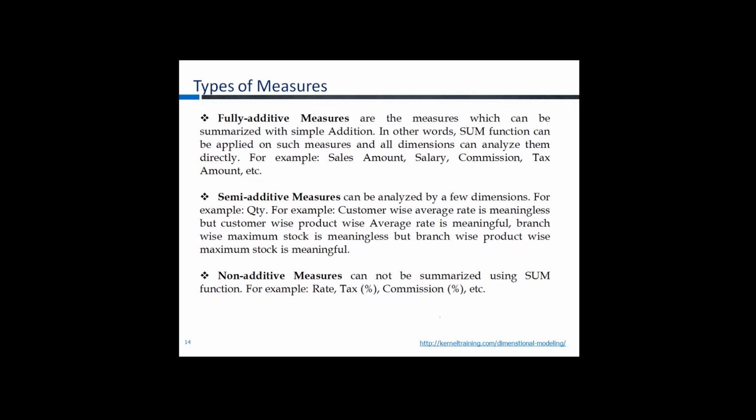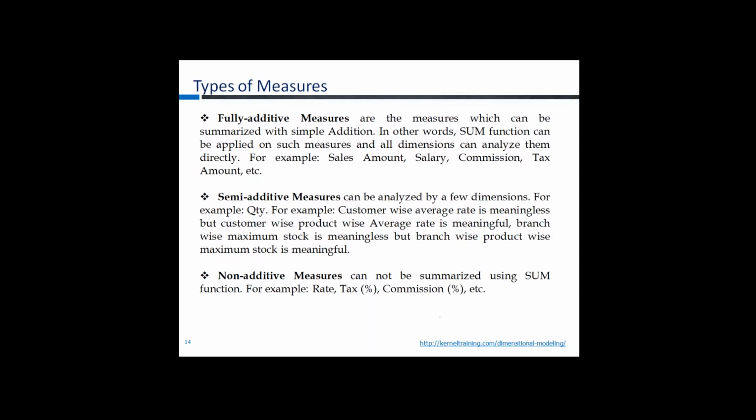But some of the measures you can sum or add without thinking of any base dimension. For example, the amount. Suppose I ask, what is the total sales amount for customer A? We can say customer A till today has purchased 10,000. Or if you want to know the total sales amount from a branch, maybe XYZ, you don't have to worry about the product or anything.